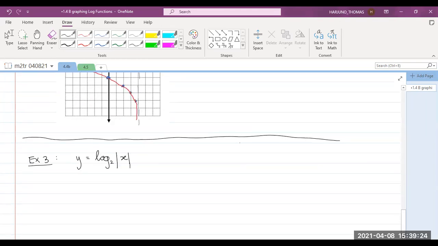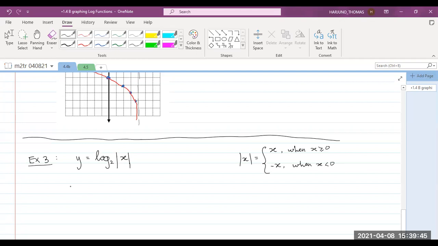Now think of it this way. From the past, we know absolute value of x is equal to x itself when x is at least 0, and negative x when x is less than 0.